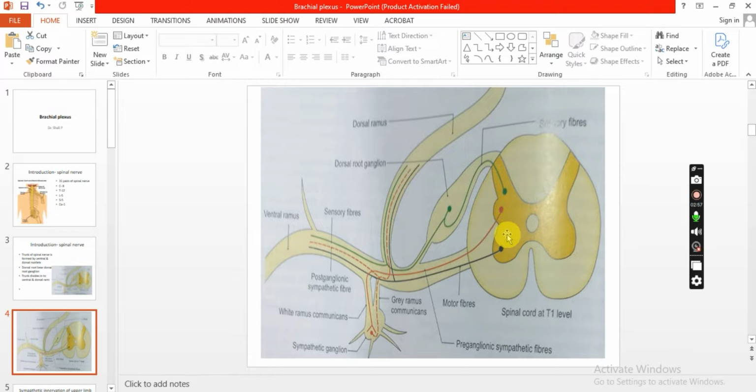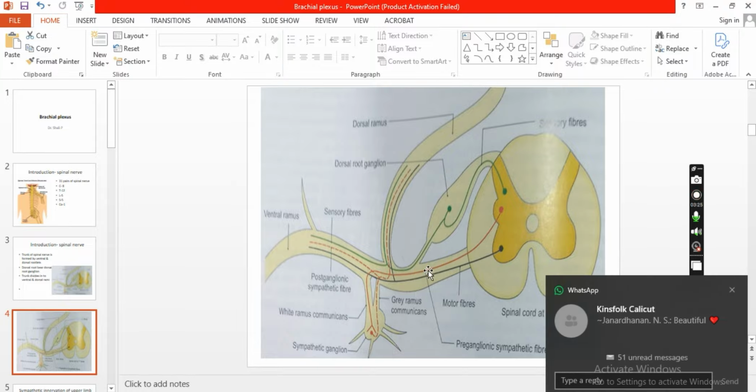That is concerned with the parasympathetic nervous system, and the lateral horn in the thoracic and upper lumbar region is the seat for the preganglionic sympathetic neuron. This bump is due to a collection of neuronal cell bodies whose axons leave as preganglionic fibers through the ventral root of the spinal nerve.